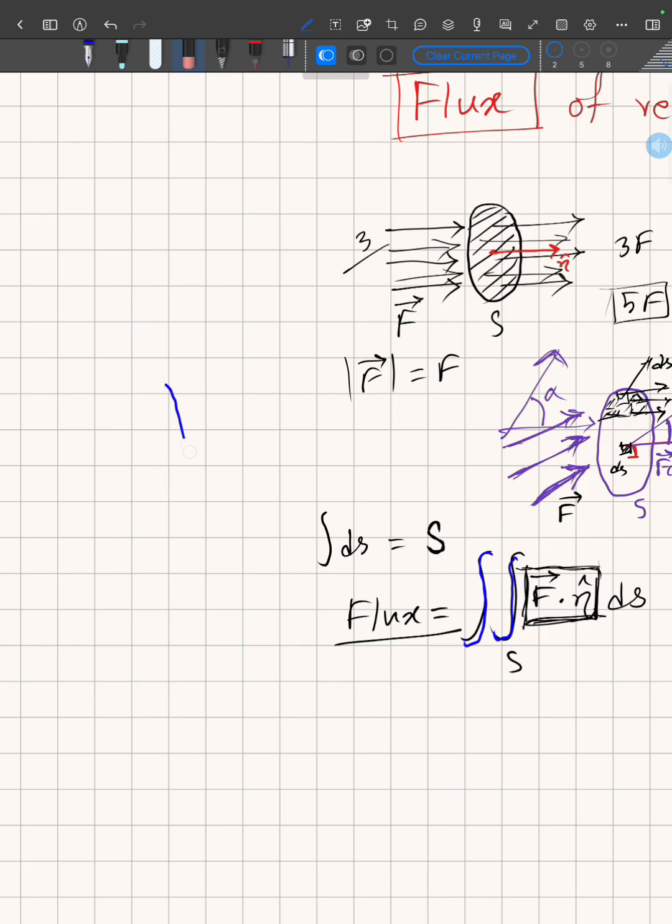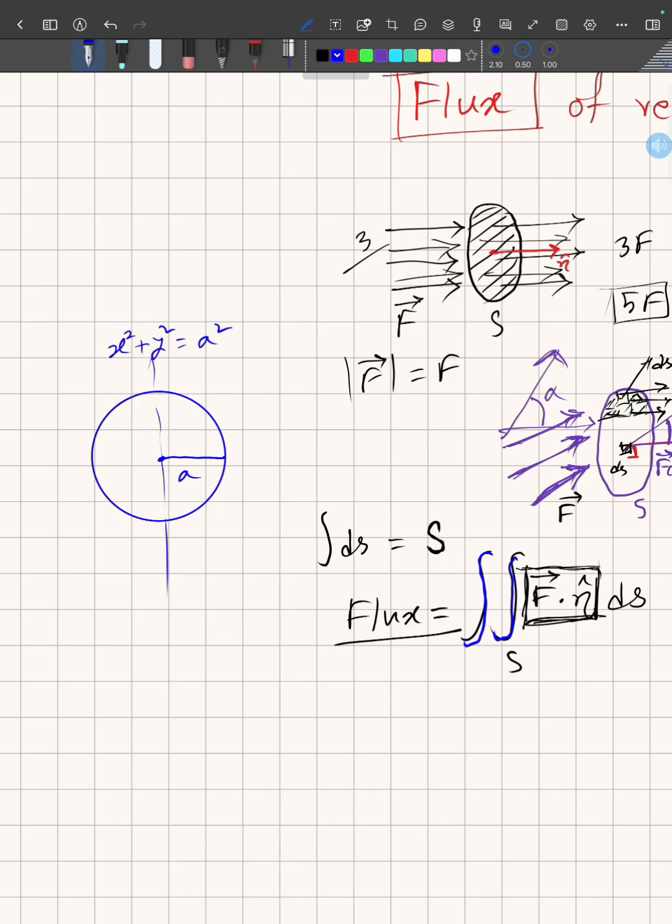Okay, so let me draw it clearly. Let's say this is the circle. Now we can parameterize this. What is its general equation? X square plus y square is equal to a square. So this is a, and in the coordinate system, this is our x component and this is our y.